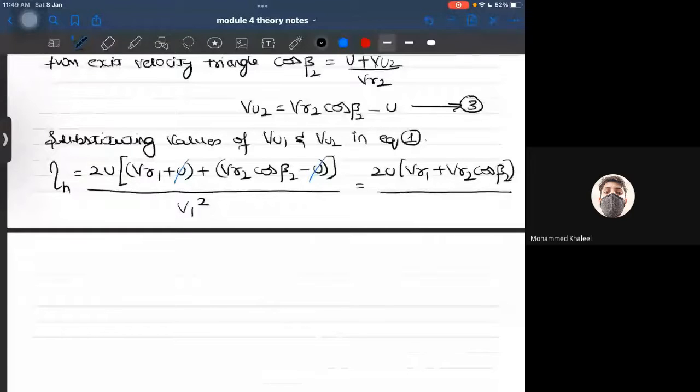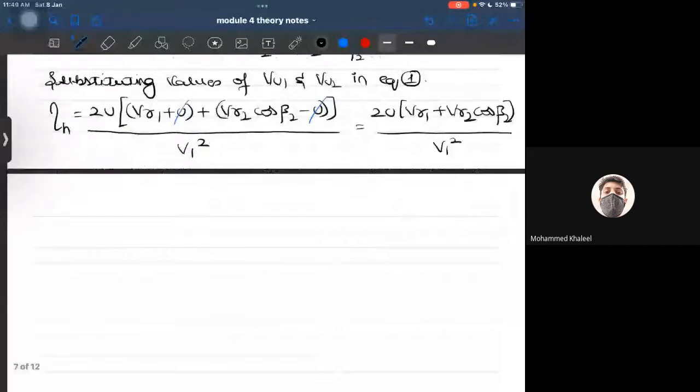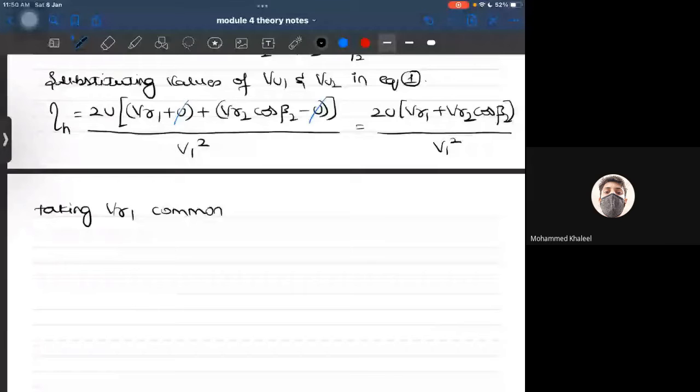So, this is remaining now. Now, in the above expression, taking VR1 common in the numerator. So what happens if I take VR1 common?